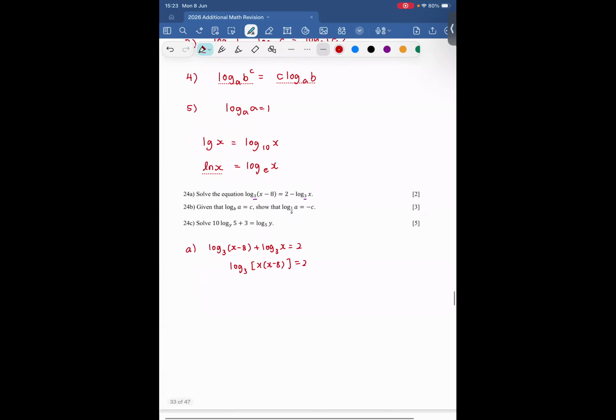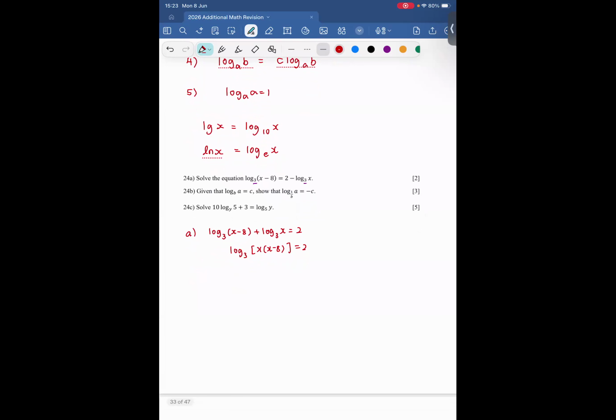After that, I use my first law to get rid of the log. So the first law says that this times this will be equal to 3 power 2. Okay, from here, can you try to solve it yourself?